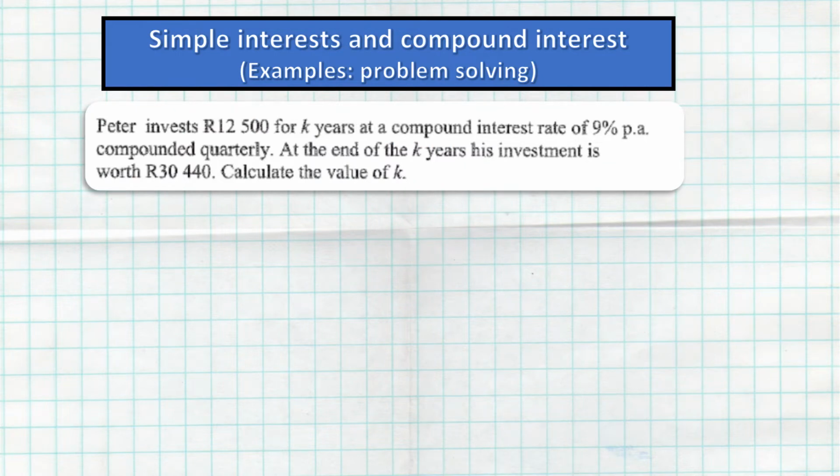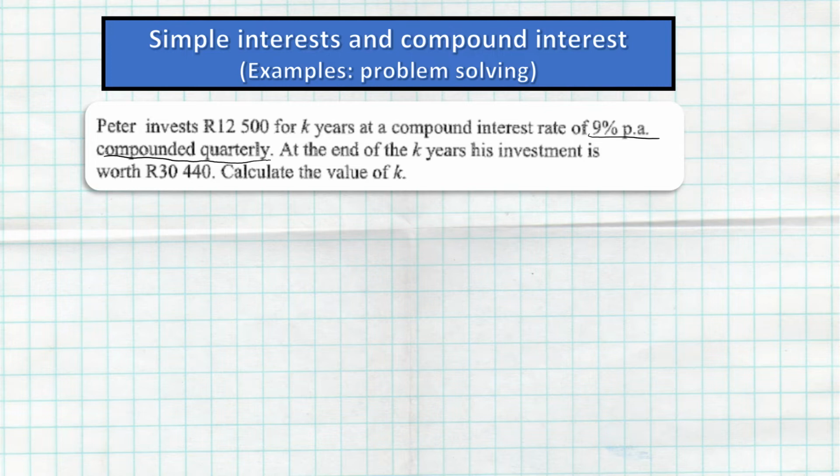They're saying Peter invests 12,500 for K years, at a compound interest rate of 9% per annum compounded quarterly. They're saying at the end of the K years, his investment is worth 30,440.